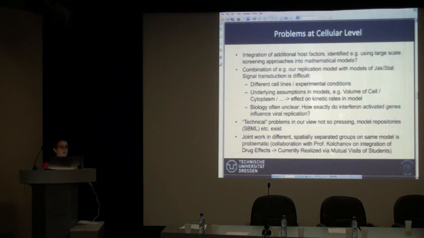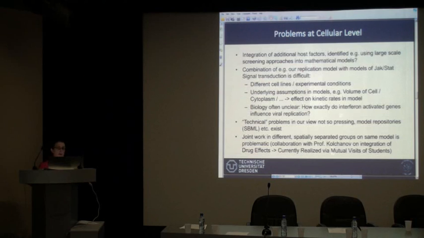How can the host factors be integrated? We can identify them using large-scale screening, but how can this be used for the mathematical models? So it's to combine this data with ODEs, and then also the combination of the replication model with models of the JAK-STAT signal transduction is difficult.